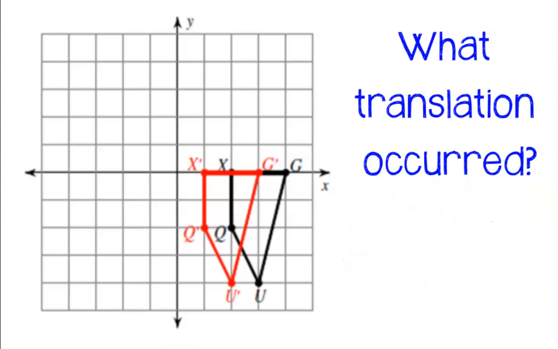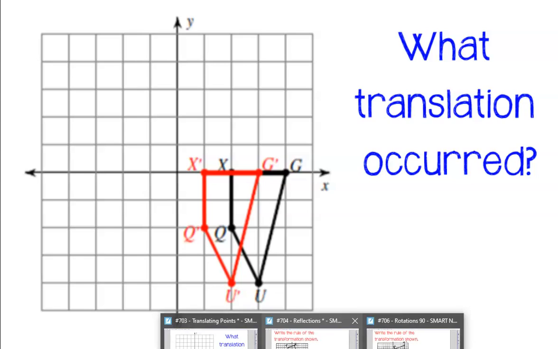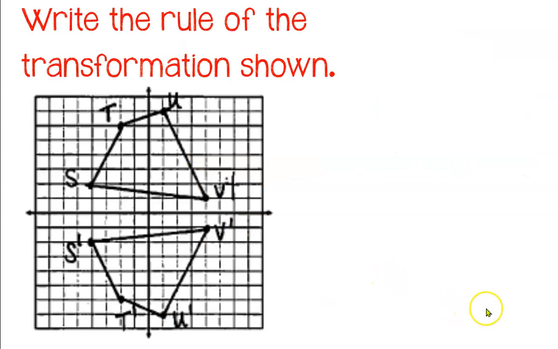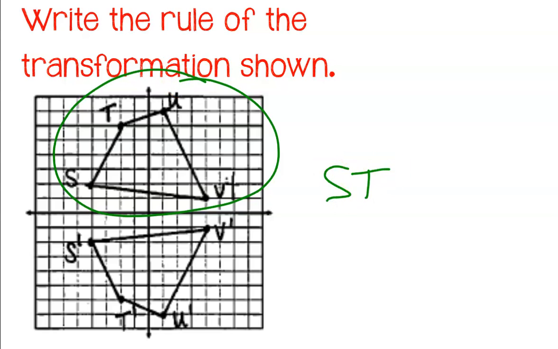Now let's think about how do you write a rule for a reflection. In order to write a rule for a reflection, you need to be given an example. So let's take a look here. I have a reflection shown on the screen. I have a quadrilateral, that's this one here, named STUV. And when I move it or transform it, it becomes S prime, T prime, U prime, V prime.